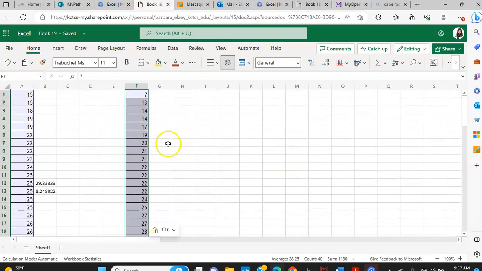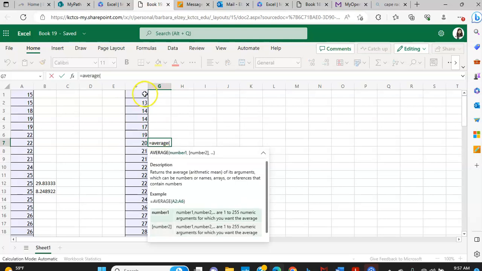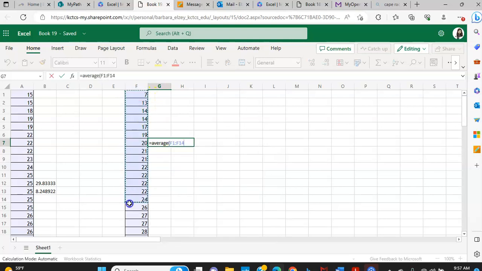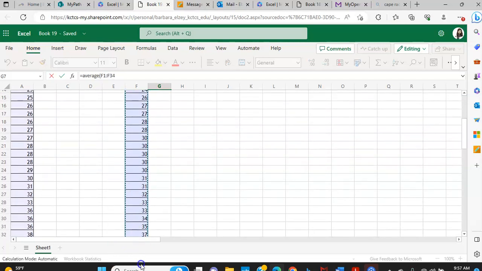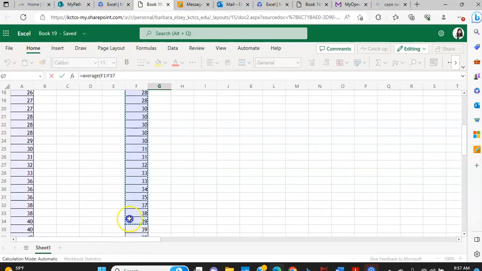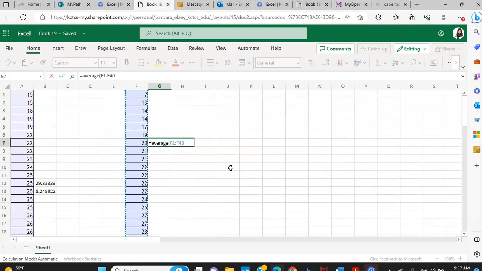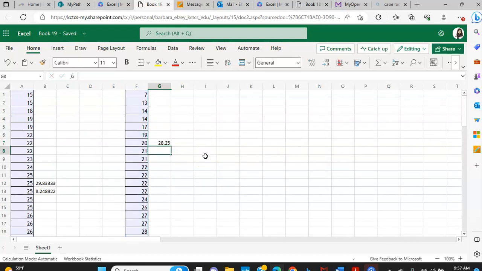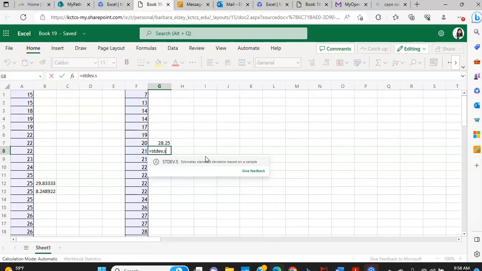Okay, so let's do equal average, open it, and then I'm going to highlight all of these data and make sure I get them all. You'll notice that it shows them all in there, and that is 28.25. Now, while I'm still here, let's get the standard deviation for the sample as well.